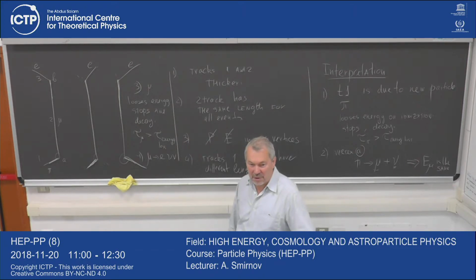Actually, we don't know. There are speculative hypotheses that other neutral particles exist but are not discovered, so the neutrino is in this sense exceptional. Of course, we have neutrons or some other neutral mesons, but they have a strong interaction, so we can see them.